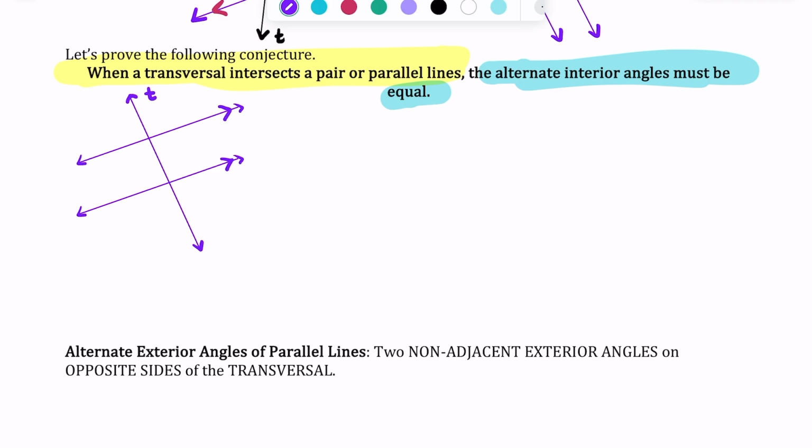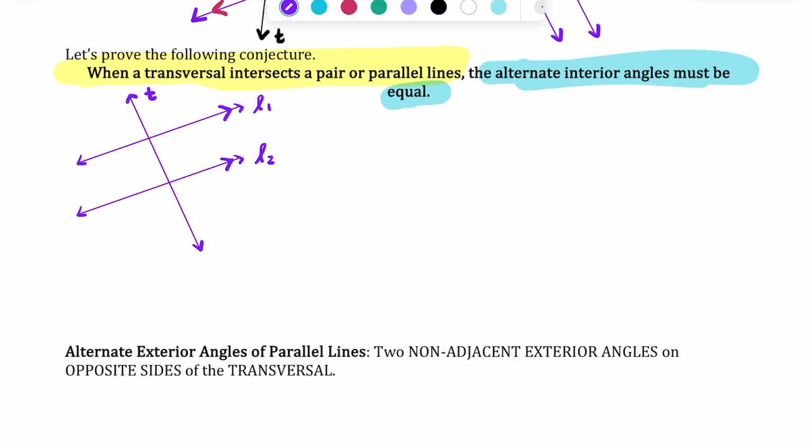Now remember, we said that our first step is usually a let statement, and that let statement's accompanied by a diagram. Well, here's the diagram. Now I need to make sure it's explicitly clear that I'm introducing what the diagram represents. So I'm going to actually label the line so it's easier to talk about in words in my let statement. I'm going to call the first line, line 1, and the second line, line 2.